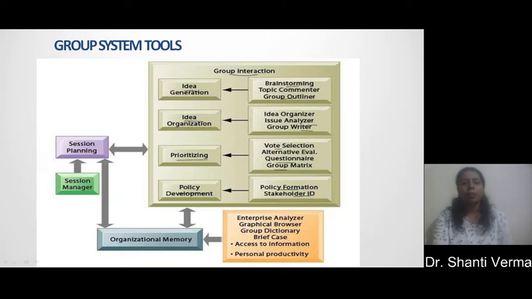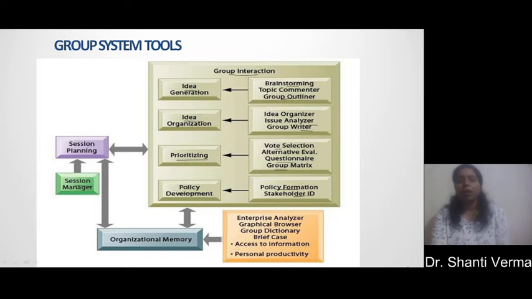The first step in the group system tools is session planning. The session planning is done by the session manager, and in the session planning, all these group interaction works are performed, and all this session planning work is stored in an organizational memory.